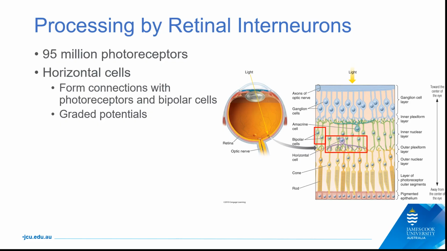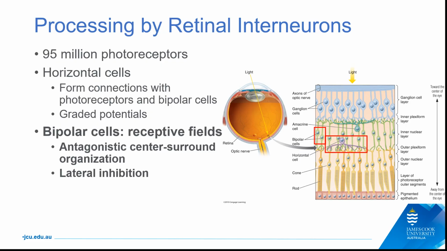So it's either a slight depolarization or a slight hyperpolarization. It doesn't lead to an action potential. It's just slightly more positive or slightly more negative. Bipolar cells are much more interesting because they are part of the receptive fields.